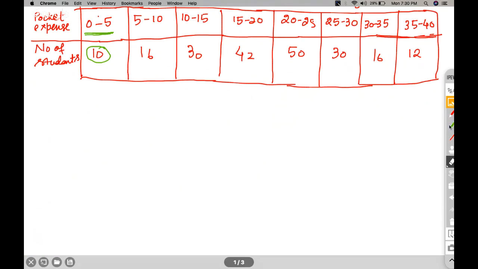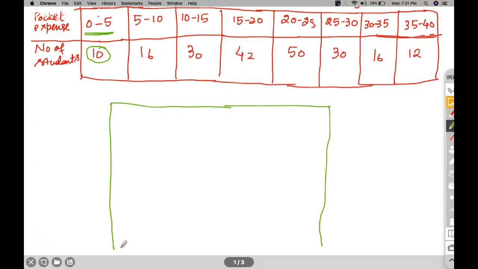As I have to find a specific point on the x-axis, there is something called the class mark, which will be calculated.